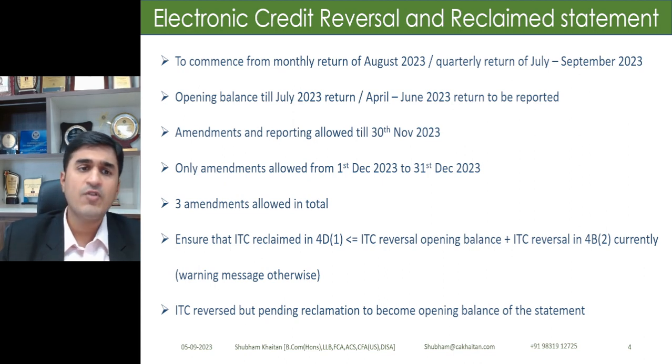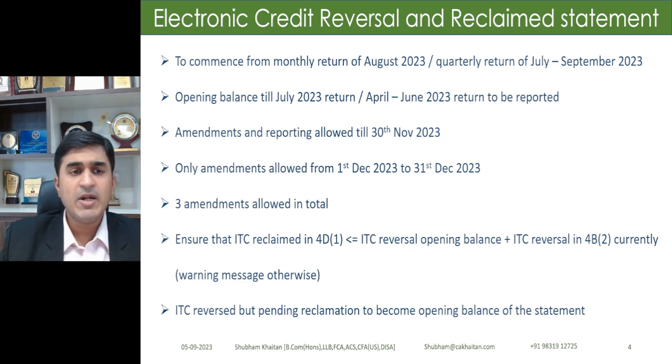So the opening balance for monthly returns would be as of July 23, and April to June 2023 would be the period for quarterly taxpayers, whatever is the closing balance would be reported as my opening balance. We need to remember that amendments and reporting would be allowed till 30th November 23.